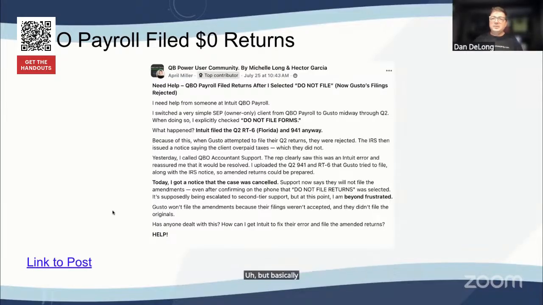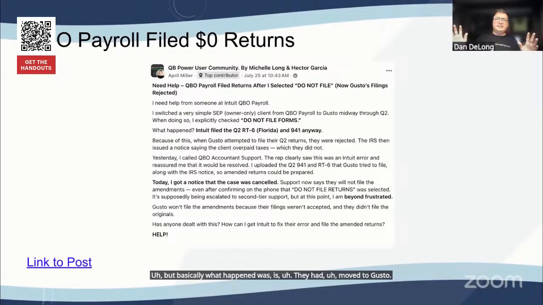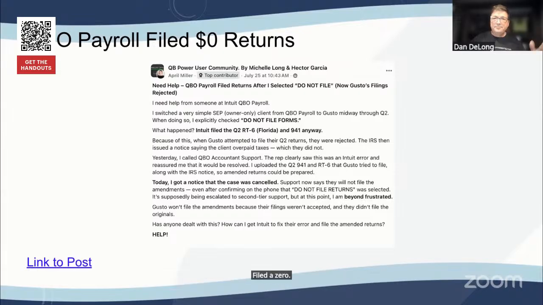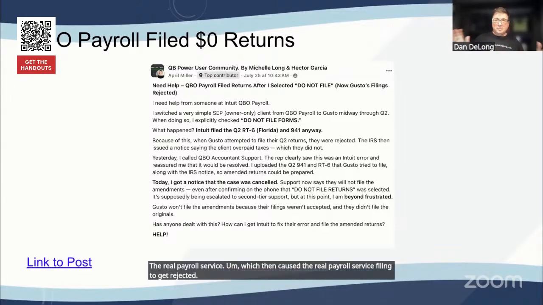But basically what happened is they had moved to Gusto and turned off the auto filing inside of QBO payroll. So there was no payroll inside of QuickBooks. However, I don't know what happened with the timing, but I've seen this in other instances: QuickBooks filed a zero return before the real payroll service, which then caused the real payroll service filing to get rejected because QuickBooks was first.